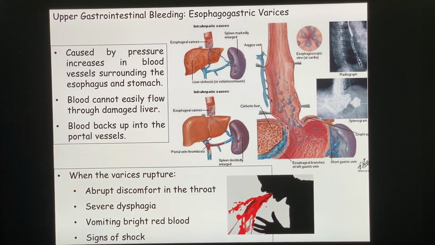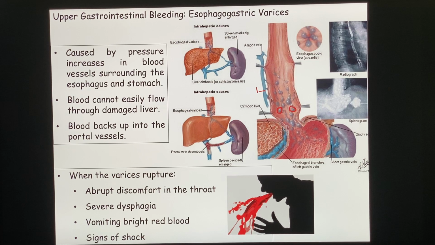So let's look at the other picture here. What's happening here? There's a block, right? So the portal system is blocked. What will happen? The venous communication between the esophagus, that is the azygous system or the caval system, and the portal system opens up. Because of that, you will see small dilations here.